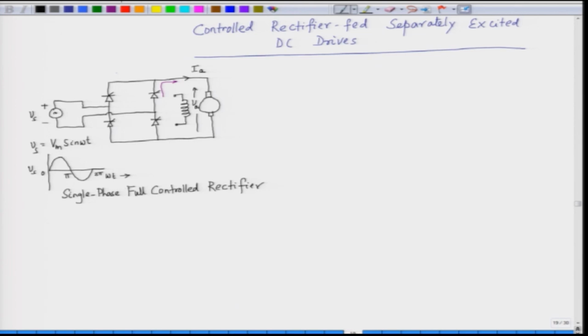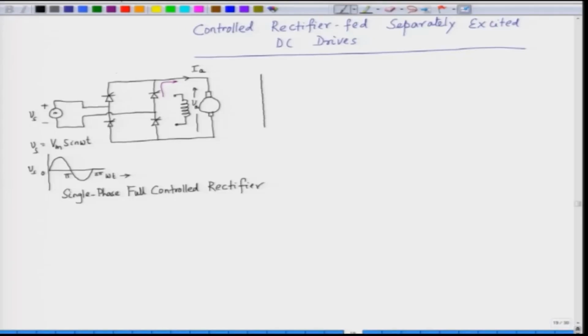Now, if we plot the average voltage and average current in an xy plane, we will take the voltage on the y axis and the current on the x axis. This converter can operate in the first quadrant and the fourth quadrant. So, this is a 2 quadrant converter. The voltage can be positive or negative, current can only be positive.